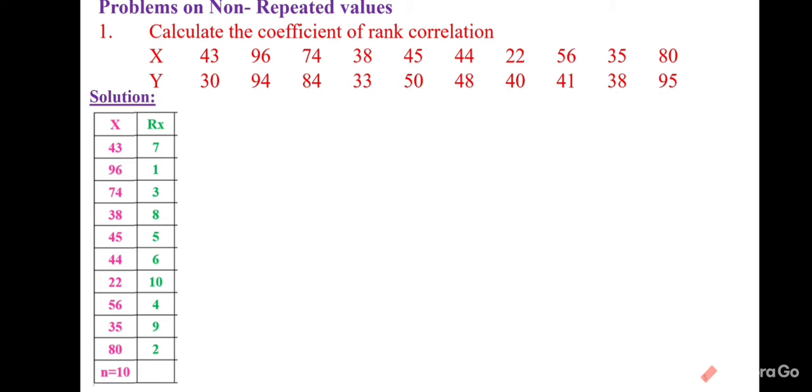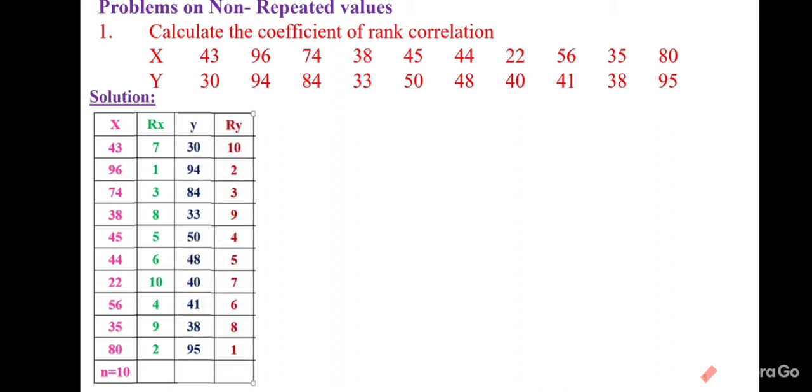Then 35. Then the last value is 22. So in decreasing order 1, 2, 3. Highest is 1, then lowest is 10. However many values are given, that many ranks will be allotted: 1, 2, 3, 4, 5, 6, 7, like that. Then similarly, y values will be written vertically.